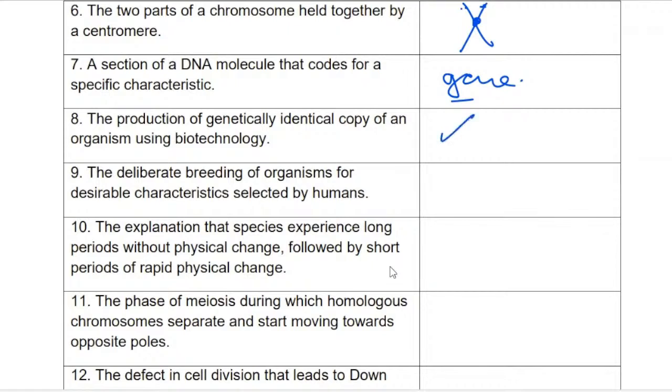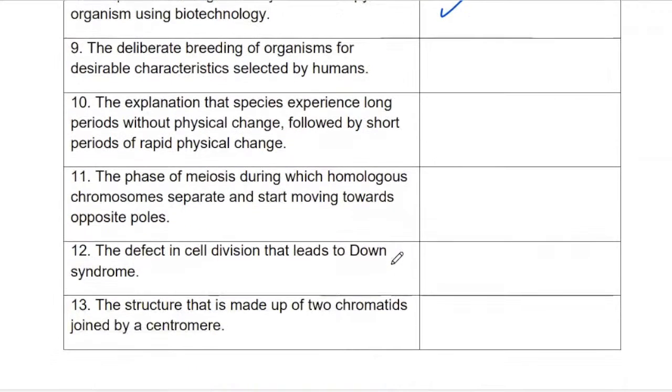So we are saying that deliberate breeding of organisms for desirable characteristics selected by humans. We talk about artificial selection, because you select artificially, with the help of manpower. What you want is what you make the organism to continue. But if it was done naturally, then it would have been natural selection.